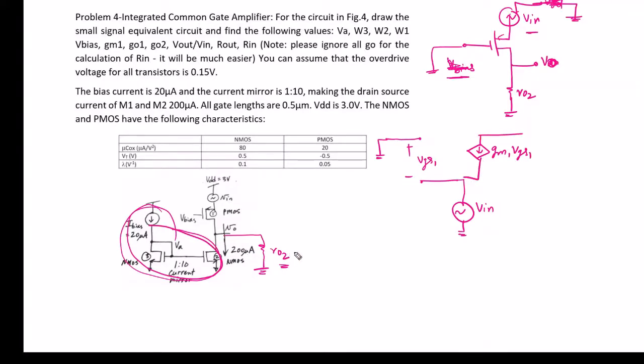So we have one resistance RO2 between the drain of the first transistor and ground. So this is the drain of the first transistor, this one is gate, this one is source. And we have one more resistance RO1, which is the output resistance of the M1 transistor. As you can see, this RO1 resistance is connected in between the drain and source of the transistor. So we have to connect one resistance RO1 here between the drain and source, and we are taking output at this node.